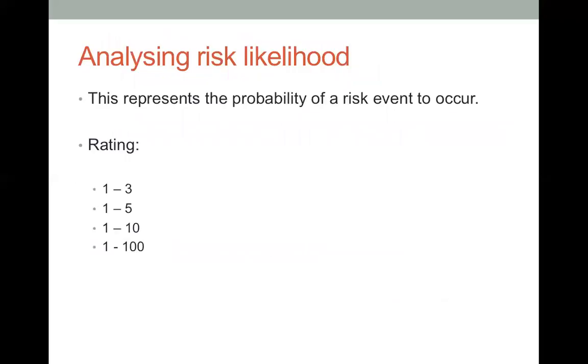Okay, now, analyzing the risk likelihood. This represents the probability of risk events occurring. That's what we mean by risk likelihood. We normally rate the likelihood. How do we rate it? We can rate it from 1 to 3, 1 being low, unlikely, and 3 being very likely or very certain.